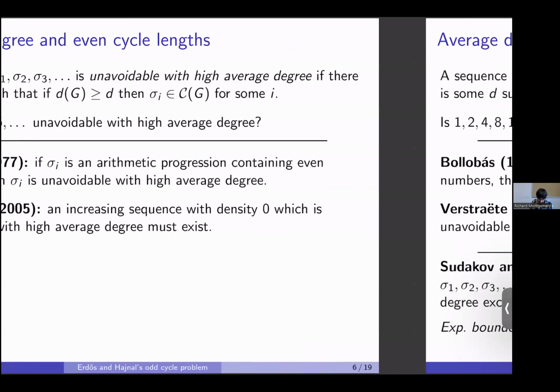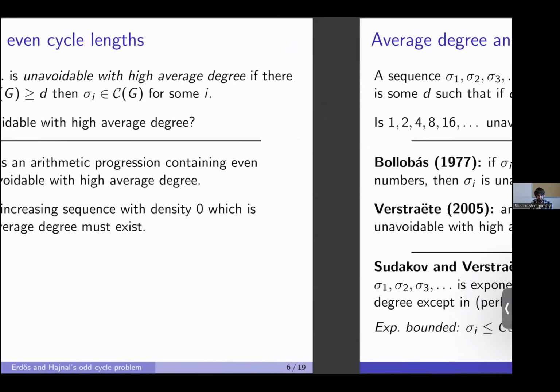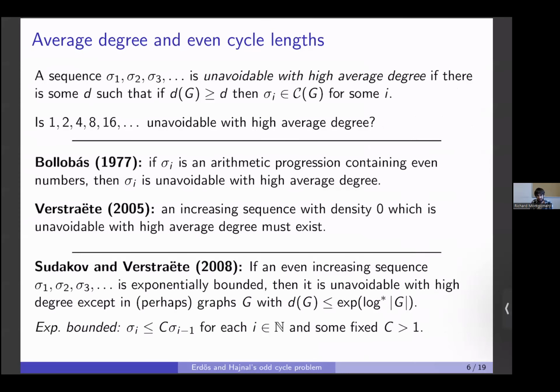And then there's work by Benny and again Jacques Verstraete from 2008, which shows that if you have an even increasing sequence which is exponentially bounded, then it's unavoidable with high degree in all graphs except really very, very sparse graphs indeed. So as long as the average degree isn't less than the exponential of log star of the number of vertices in G, where log star is this really slow growing function, the number of times you need to take the logarithm before you get below 1.